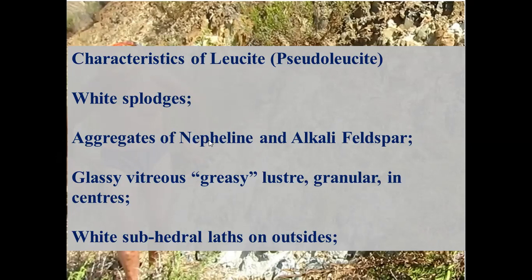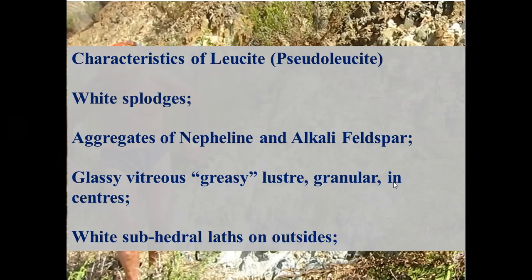It's the nepheline that is generally on the inside, and it's that glassy, vitreous, greasy material that we saw in those sections. Again, it's granular, won't have any real good crystal shape.